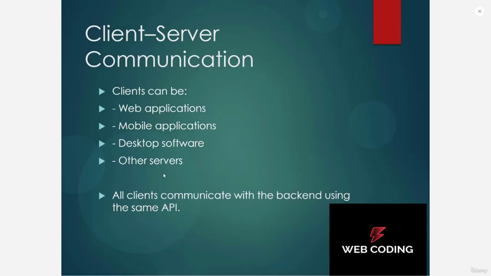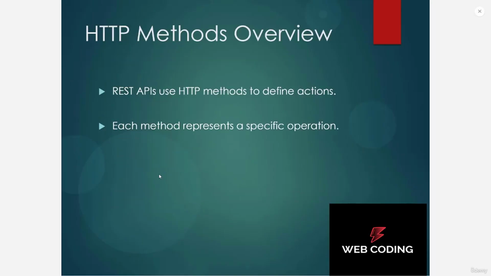They're basically the same. So the front-end web application, the mobile front end, and even desktop software can all interact with the database using one thing and one thing only, which is the API or the backend. And the API and the backend in this context are basically the same, because as I said, the API is just code.